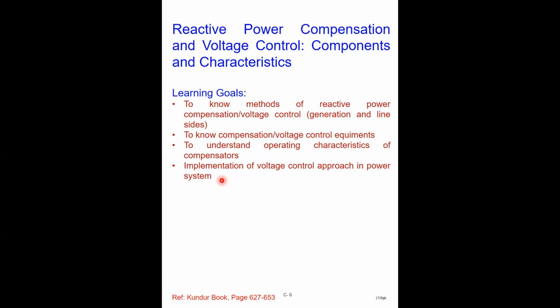Now, our part of the discussion will be limited to the transmission network, right? That means we will discuss reactive power compensation or voltage control at the transmission network. But just to give you a little bit, nowadays even the distribution network has renewable integration, let's say from the PV system or from the wind system, mainly at the distribution network.